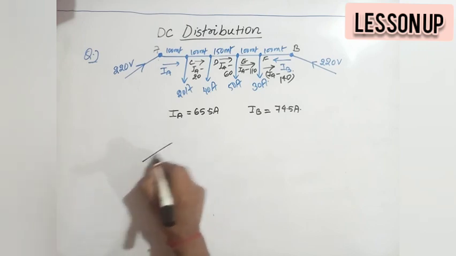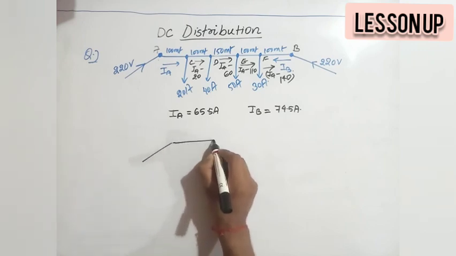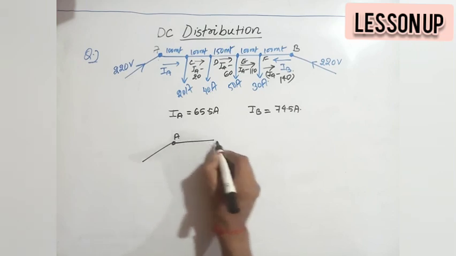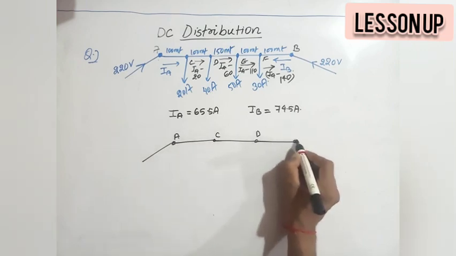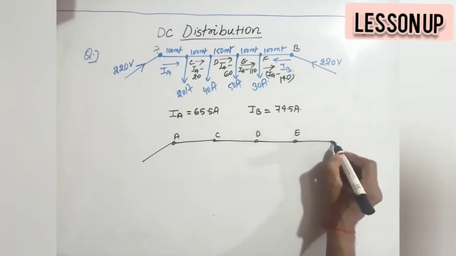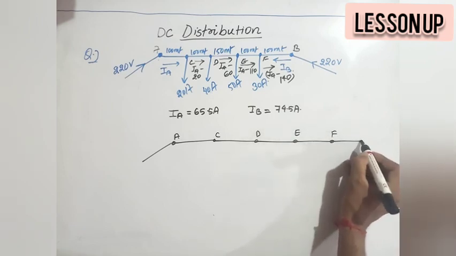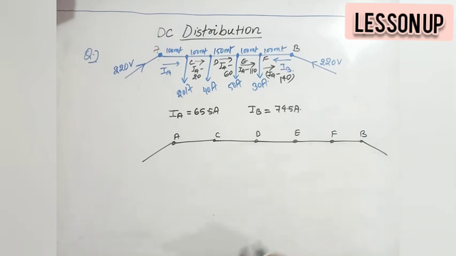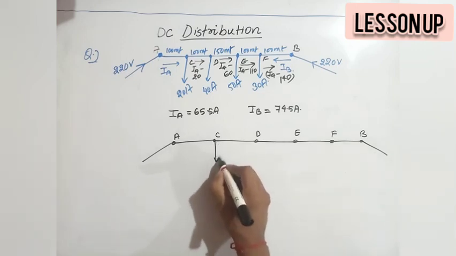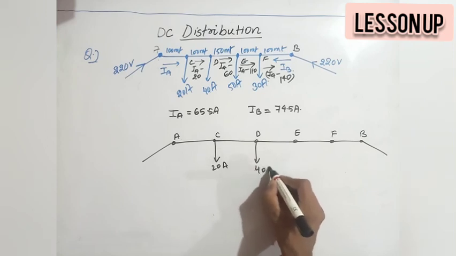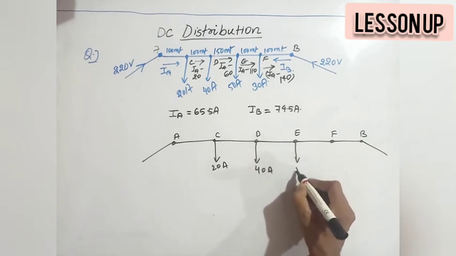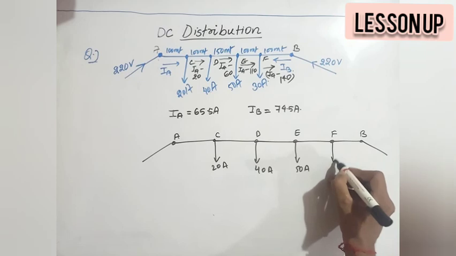So this is point A, point C, point D, point E, point F, and point B. From here we are drawing 20 ampere, 40 ampere, 50, 30.